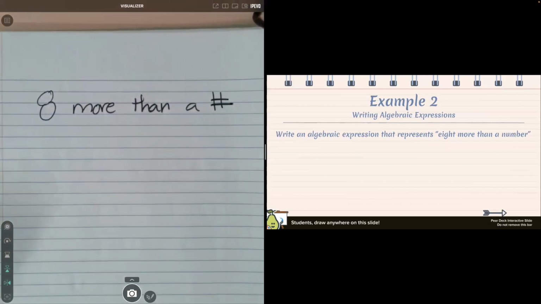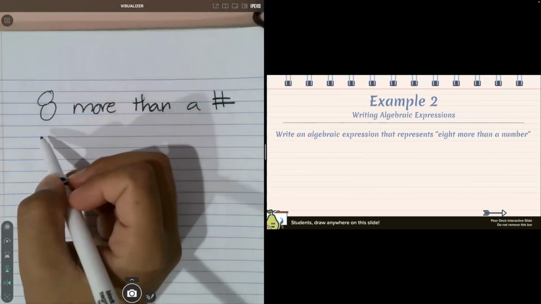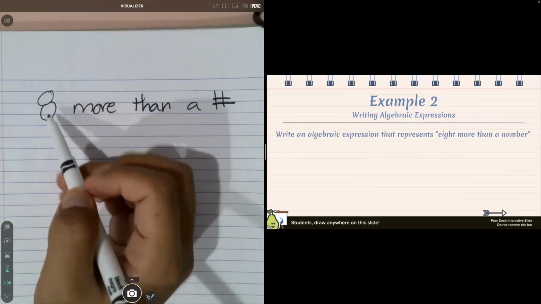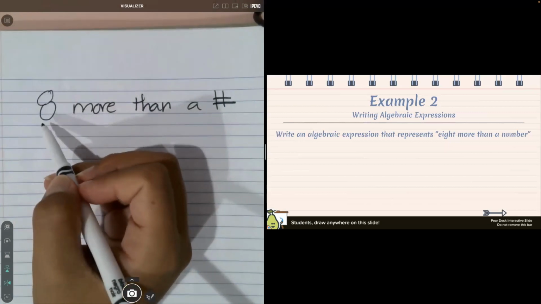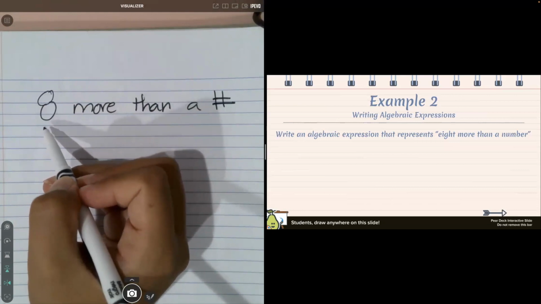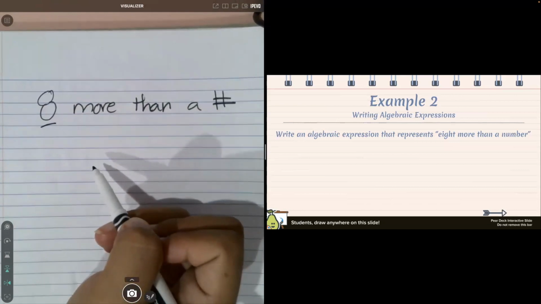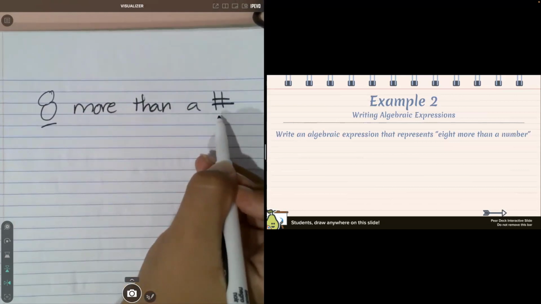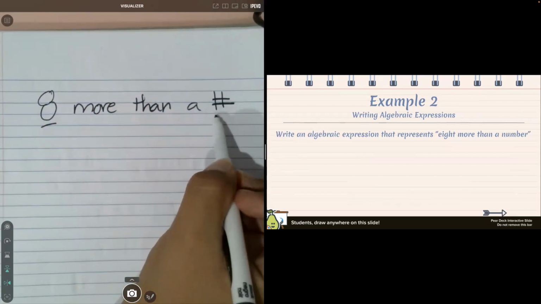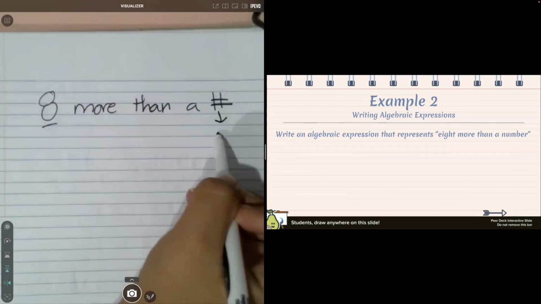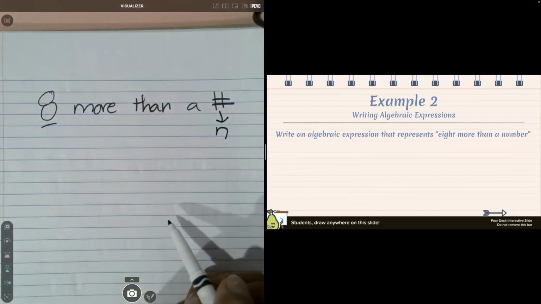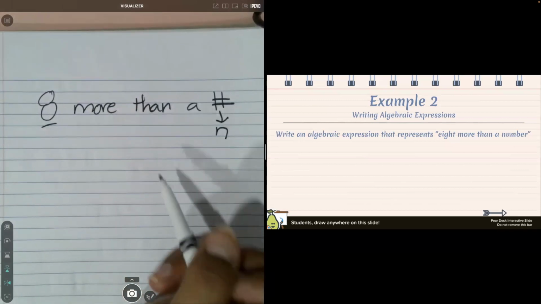Let's decode this. First it said, spelled out, 8. And now I can write that as the number 8 here. And then it says a number. I can use whatever to represent this number, but let's use n here. Right, number starts with n.